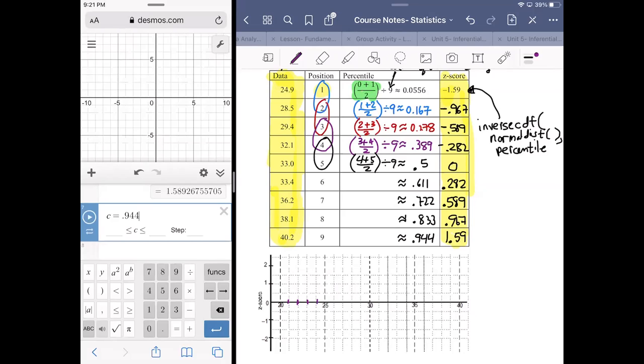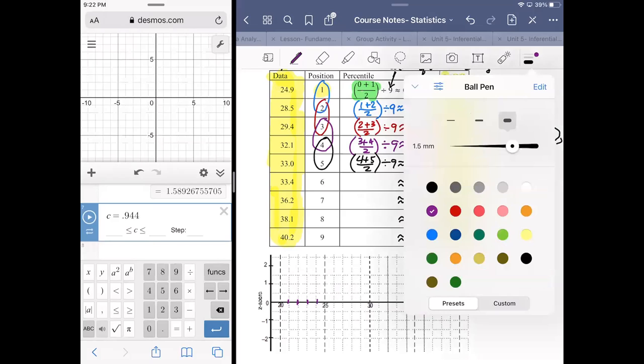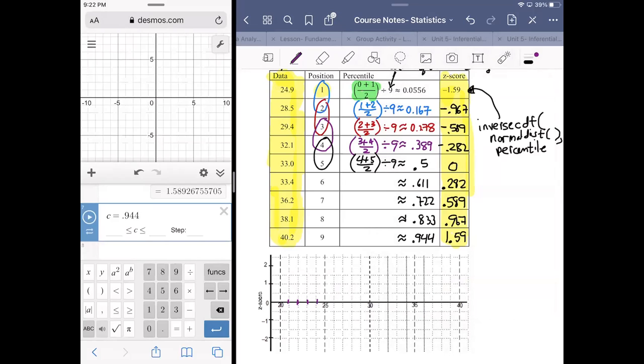All right, so that part is fine. I need to plot it at about negative 1.59. So if I had to guesstimate, it's going to put it right about here. All right.